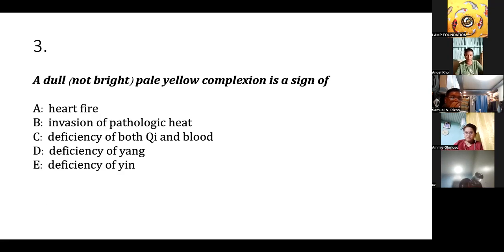Let's try Ma'am Ami. I'm sure you have been studying wind heat invasion. Okay, how will you know na exterior pa yan no? Invasion pa yan, ha? Hindi pa nag-interiorize yung pathologic heat. Let's say for wind heat.